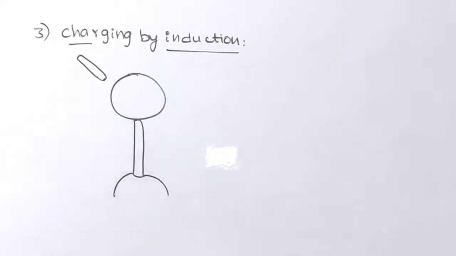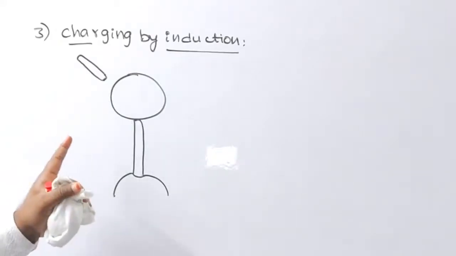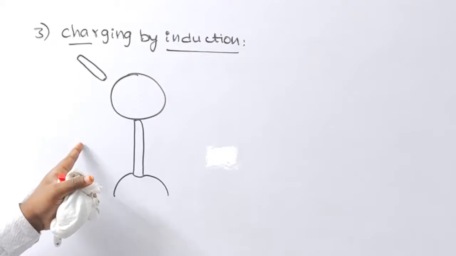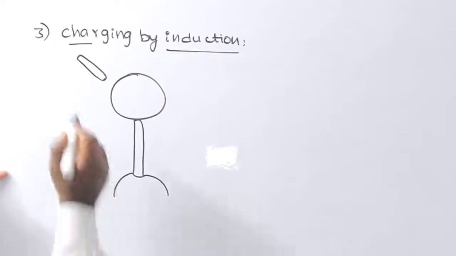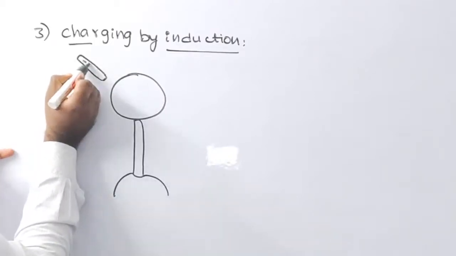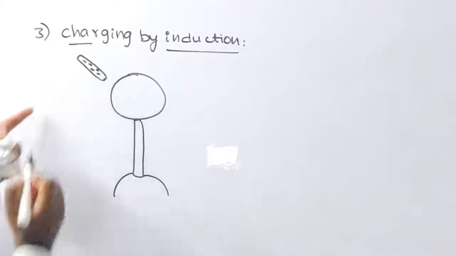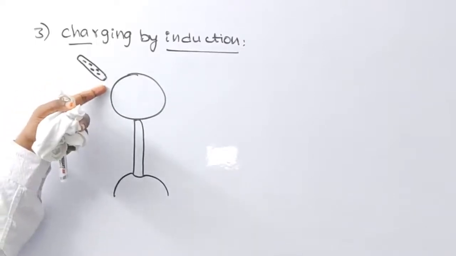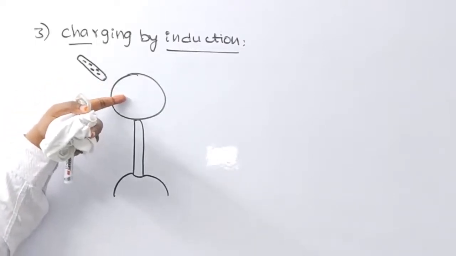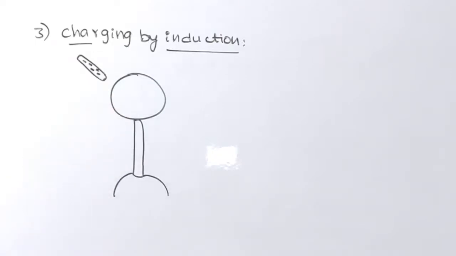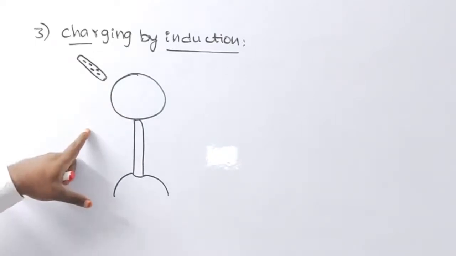In this one, a negative charged rod is brought close to the metal sphere. What happened in the sphere? The free electrons close to the rod move to the other side.